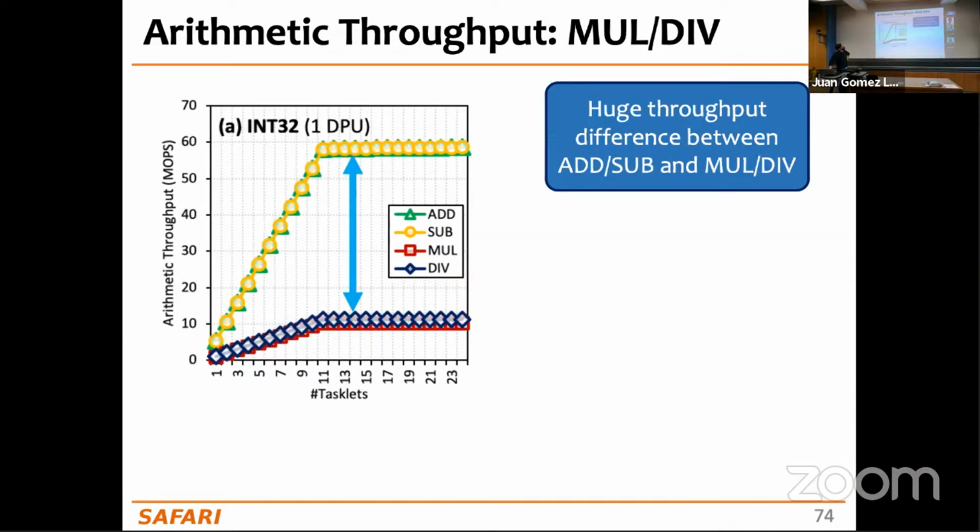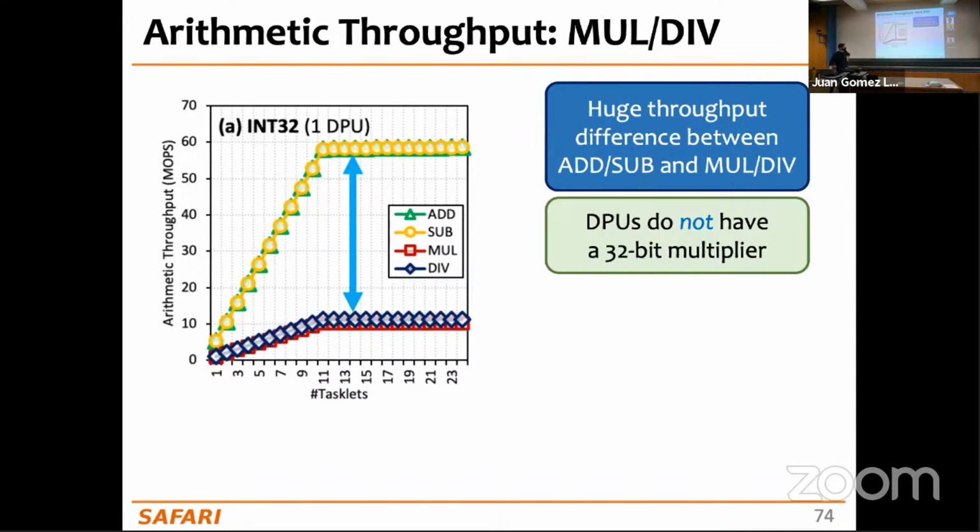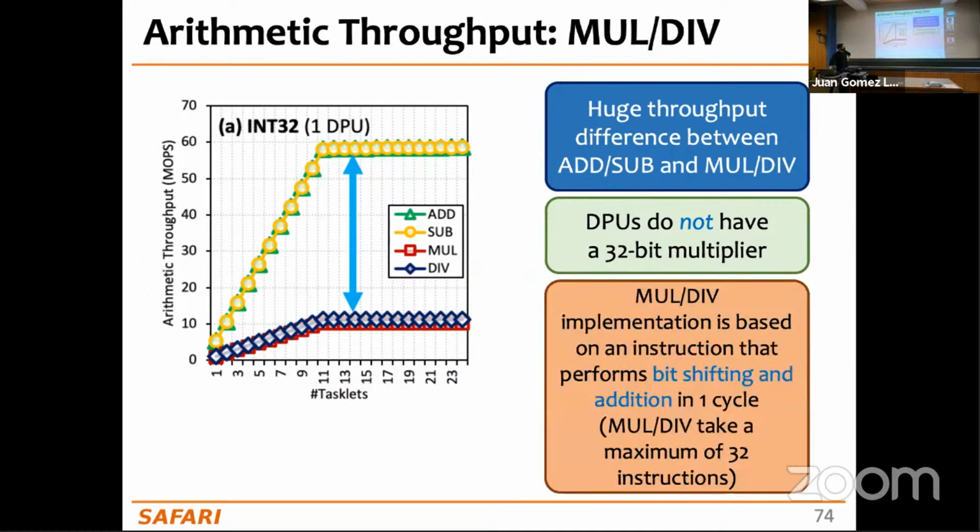And more observations here. This is the high throughput difference between addition, subtraction, and multiplication and division. And the reason is that the DPUs don't have a 32-bit multiplier. They only have an 8-bit multiplier. And the way that they implement 32-bit multiplication or division is by using other instructions that may take more than one cycle, up to a maximum of 32 cycles indeed.